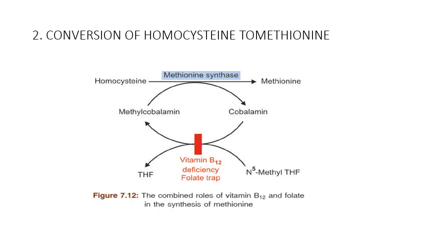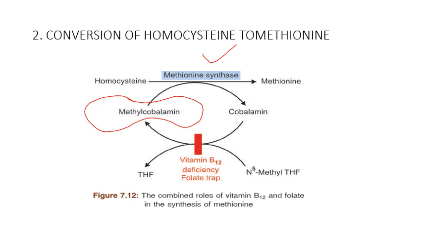Here, the amino acid homocysteine will be converted into methionine with the help of the enzyme methionine synthase. For methionine synthase, the specific vitamin B12 form, methylcobalamin, is required, and that enhances the methionine synthase activity.